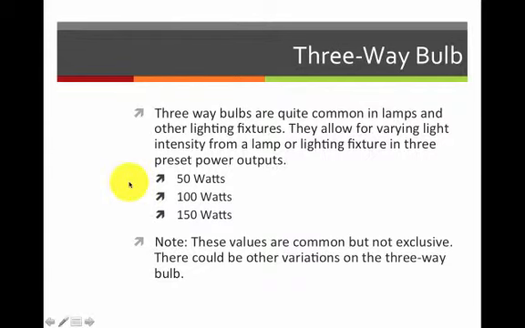It's very hard to vary intensity with a CFL bulb. However, in a normal incandescent, you can put multiple filaments in that bulb, and that allows you to create multiple intensities. So in a three-way bulb, you have a 50-watt filament and a 100-watt filament. And when you have just the 50-watt filament on, you get that 50-watt low light. So it's kind of like your mood lighting.